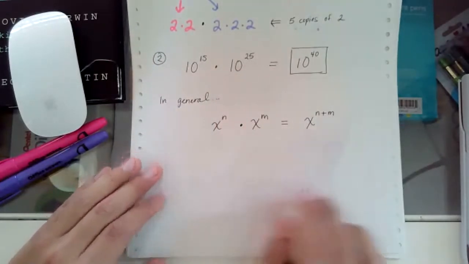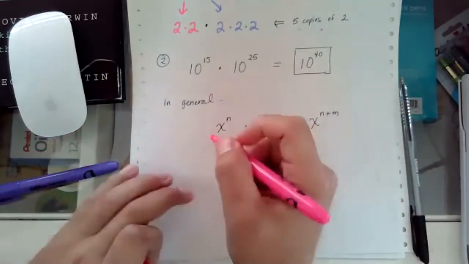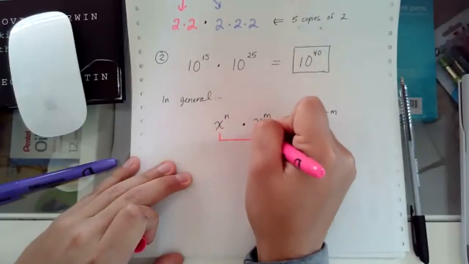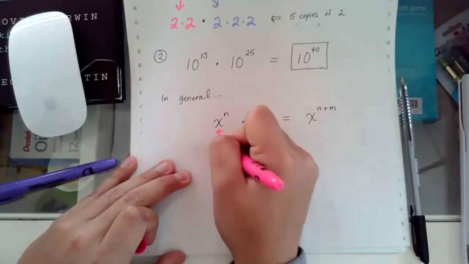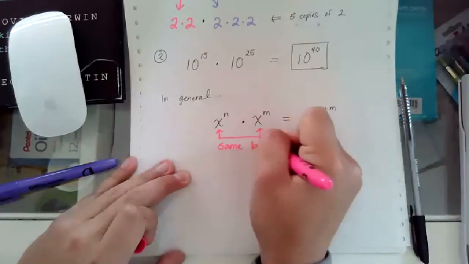And we'll call this the product rule. But you have to make sure that these have the same base.